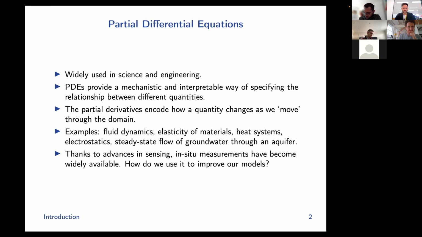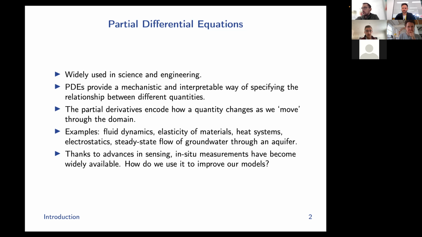I'm guessing most of you are engineers, so you don't need motivation for why PDEs are useful, but I'll just mention briefly anyway. Many phenomena in science and engineering are better modeled as some sort of rate of change rather than absolute values, and partial derivatives give us a way of encoding how a quantity changes as we move through a domain, space or space-time, for example.